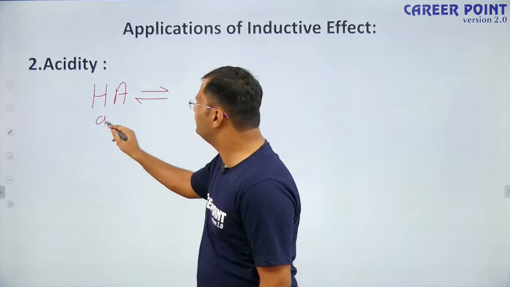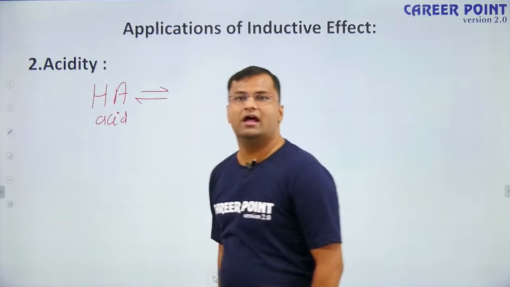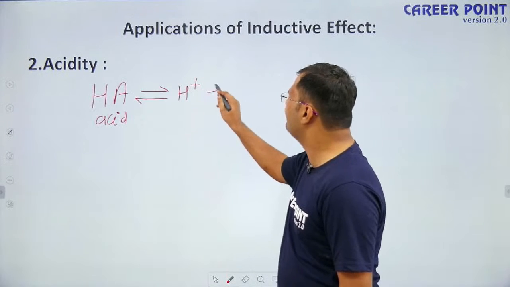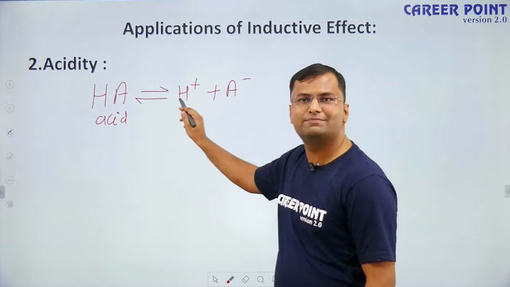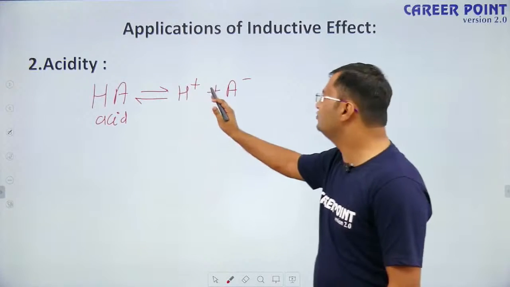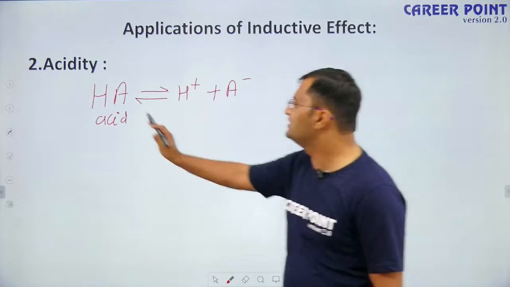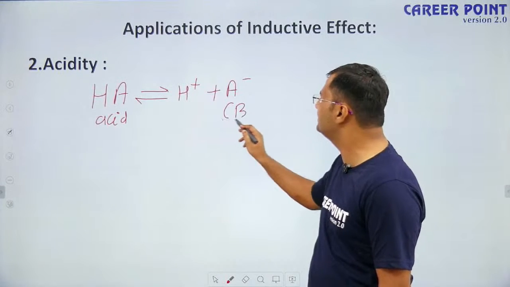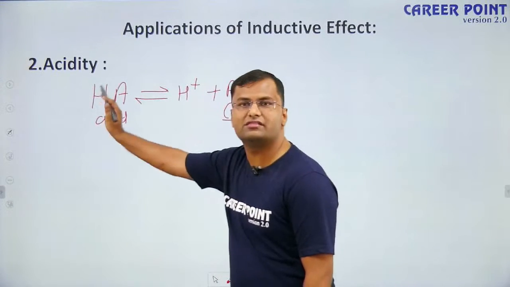This is any acid. It dissociates into H plus and A minus. HA is dissociated into H plus and A minus, which means this is the acid and A minus is the conjugate base of this acid.